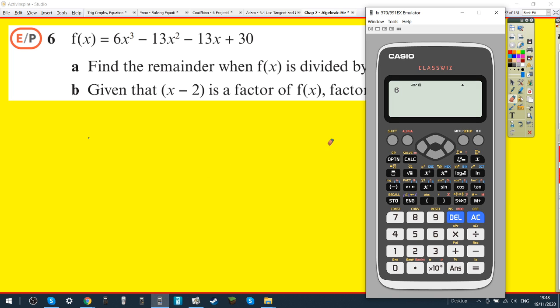Okay. I put in just 6 times minus 3 cubed minus 13 times minus 3 squared. Put brackets around your minus 3, and the power should be on the outside. Okay.